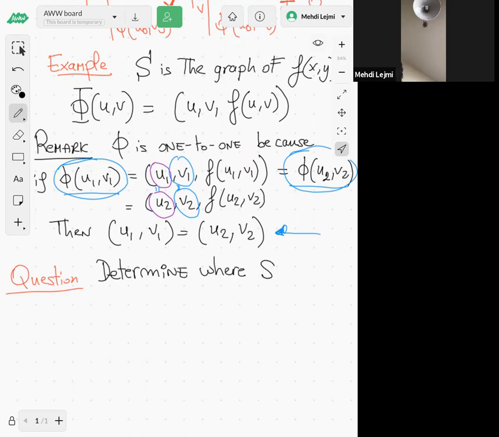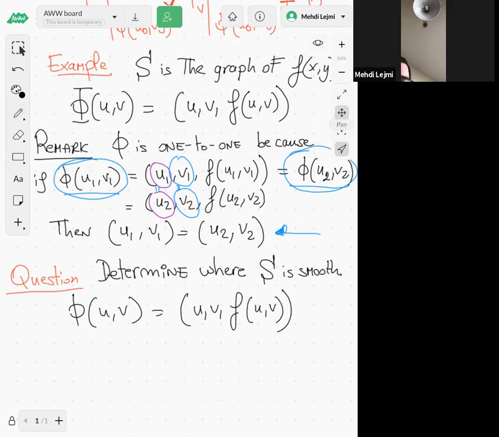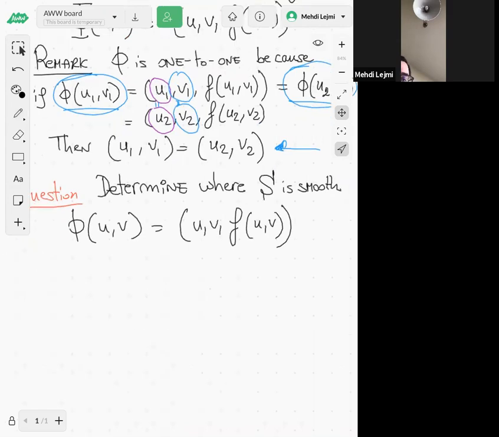Okay, so again, parameterization is the following. Phi of u, v is u, v, and f of u, v, all right? Now, you want to see where this is smooth.